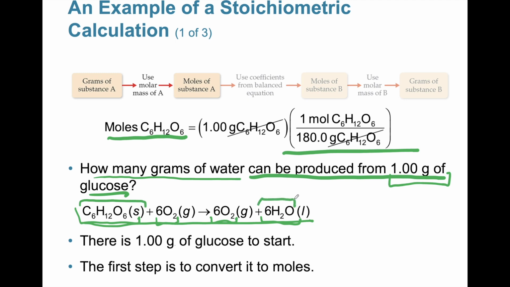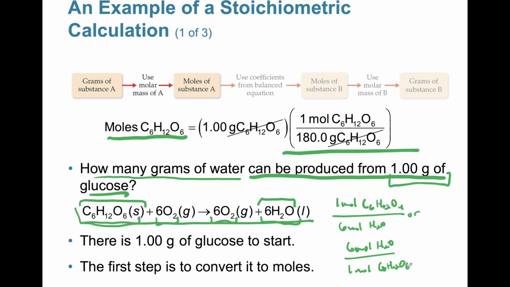So you'll have to write it as the molar ratio, either as for every 1 mole of glucose over 6 moles of H2O, or you're writing it as 6 moles of H2O over 1 mole of glucose.